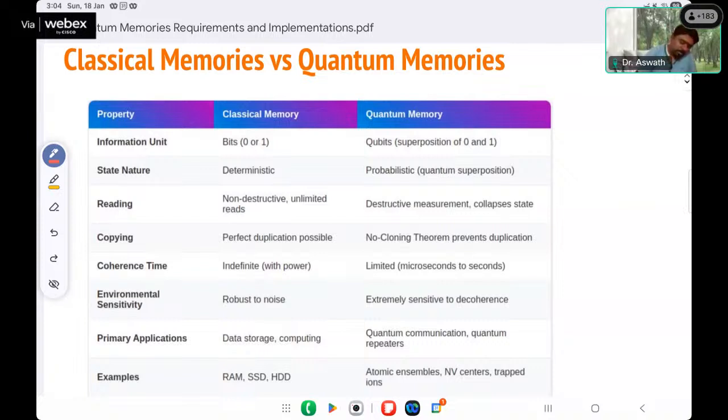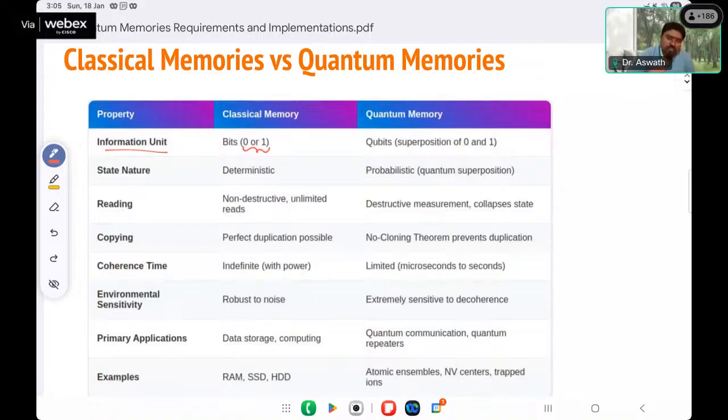From the perspective of information unit, classical memory is just a storage unit which can store bits 0 or 1. How it is being done we will see as we go through, even in the classical case, and from there we build on the quantum case.